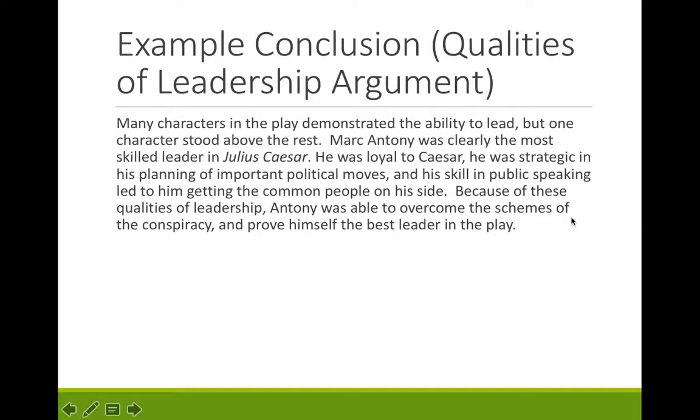Everything that was said here is stuff that would easily have been addressed in the rest of the paragraph. It kind of reintroduces the topic. Many characters could lead, but here's who was the best leader. It restates the thesis in different words. It's a little bit more descriptive this time, and then you kind of have a sentence that brings it all back to the thesis but closes it out strong.